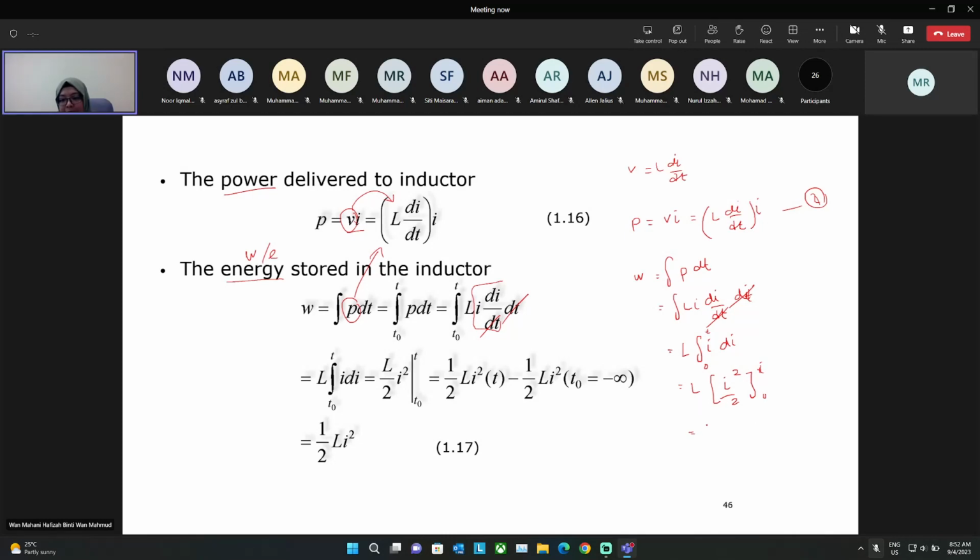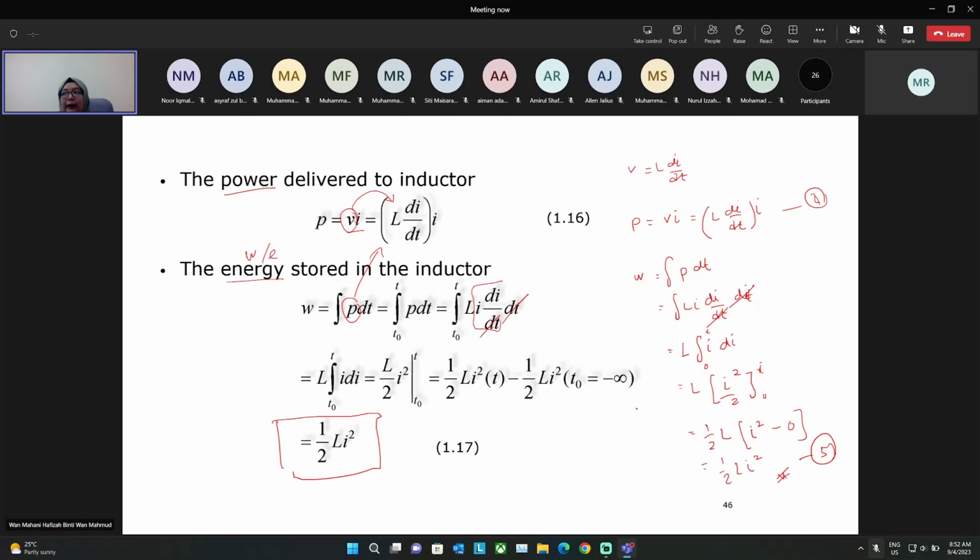So this later becomes 1/2 L, i squared, with i at time t minus i at time 0, which we consider as 0. That's why we get Li squared. So this is our fifth equation for energy: W equals 1/2 Li squared.